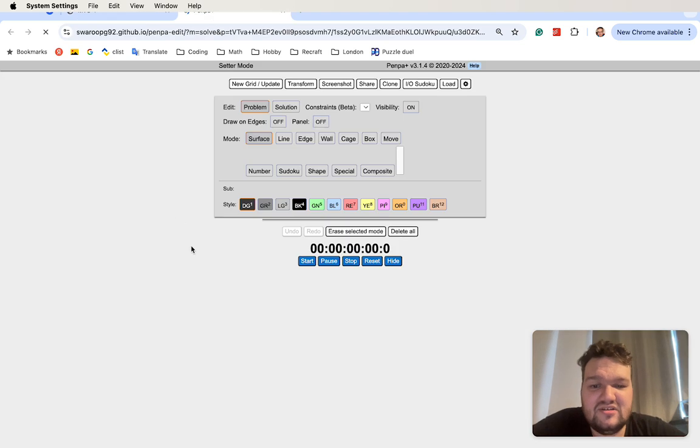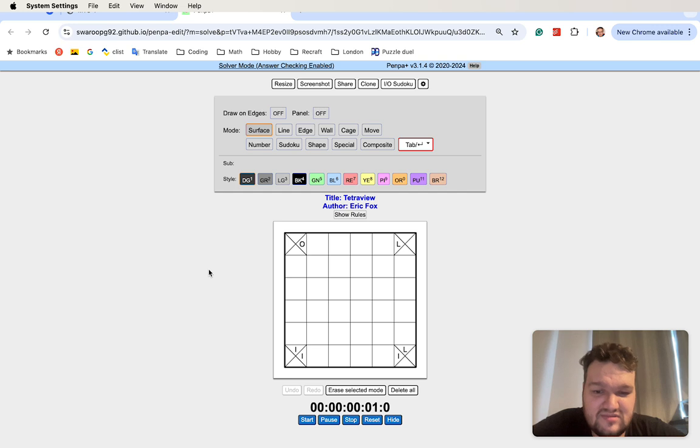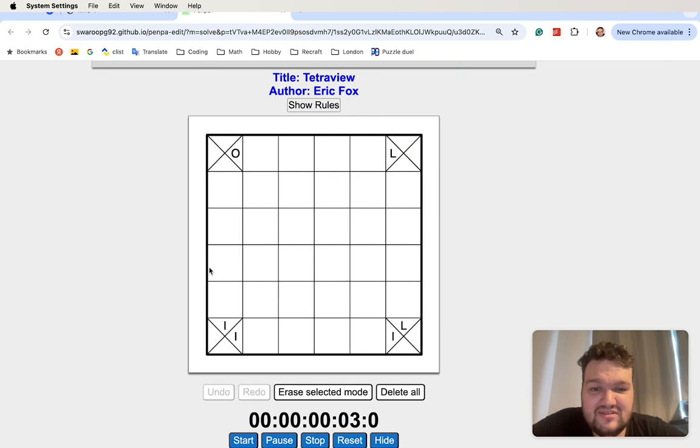Let's look at how it solves, if it opens. Cannot shade the clue cells. Free information. That's great. Okay, so in this top row we should have an O tetromino on the left and an L tetromino on the right.